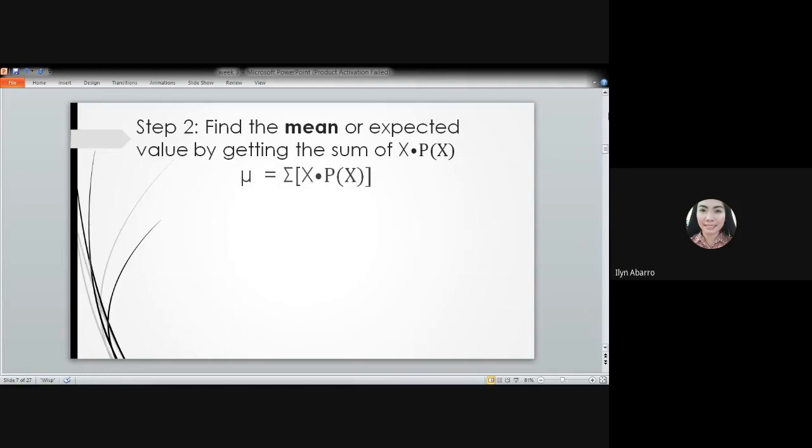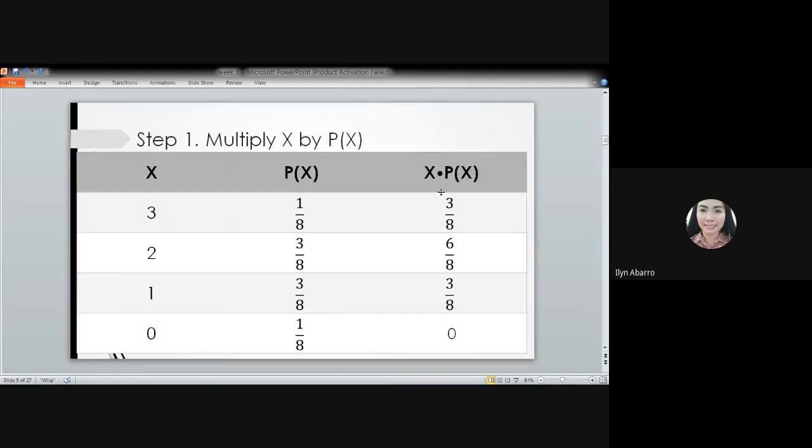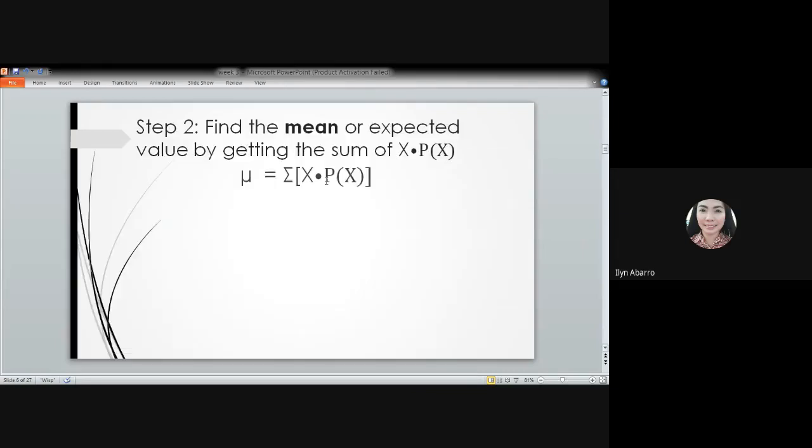So, yun yung naandito sa column na to. We're going to add this so that we can get the answer for our mean. Kasi mean or mu is equal to the summation of x times p of x.